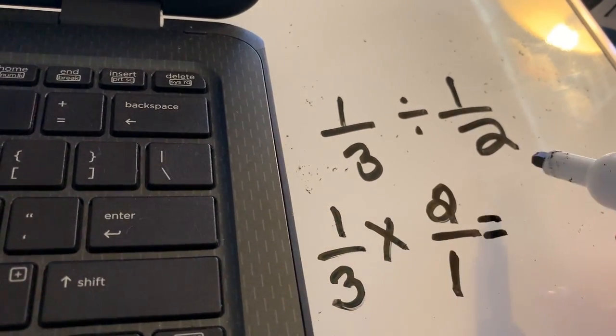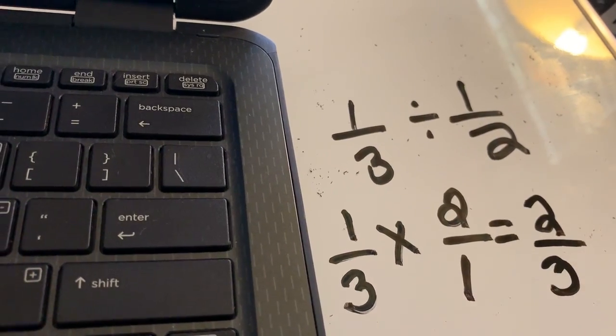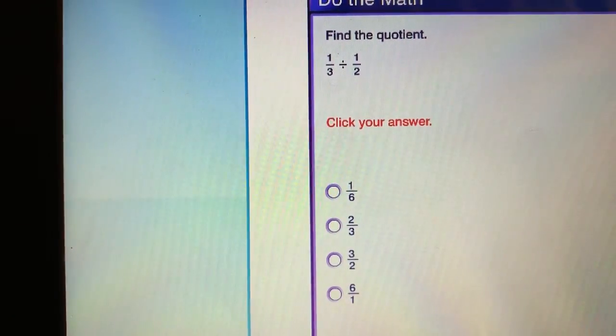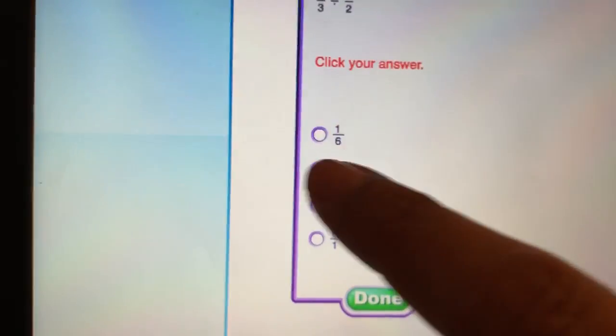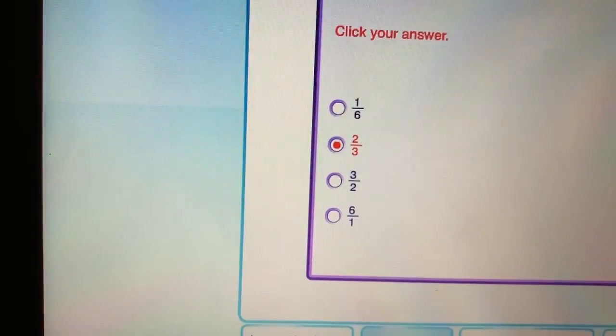And then you multiply straight across. 2 times 1 is 2, and 3 times 1 is 3. So your answer is going to be 2/3. And do we have a choice? Yes, we do. Right here, 2/3. And that's done.